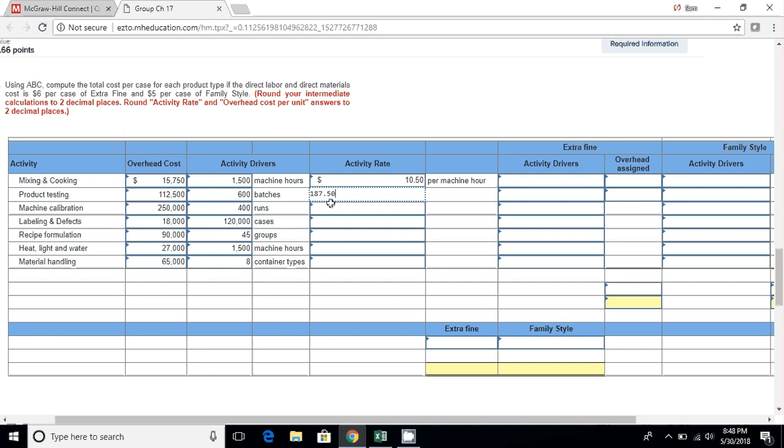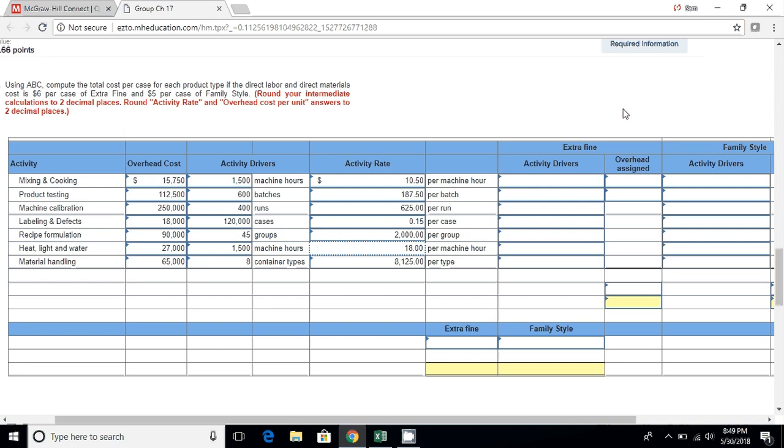We're just dividing this out. 250,000 divided by the 400 runs is going to be 625. 18,000 divided by 120,000 cases is going to be 15 cents per case. 90,000 divided by the 45 groups is going to be 2,000 per group. 27,000 divided by 1,500 machine hours is going to be 18 per machine hour. And then 65,000 divided by the 8 container types is going to be 81.25 per container type.